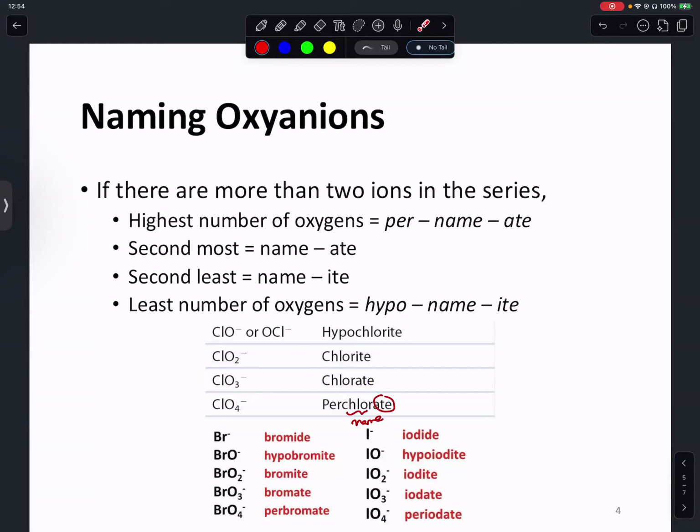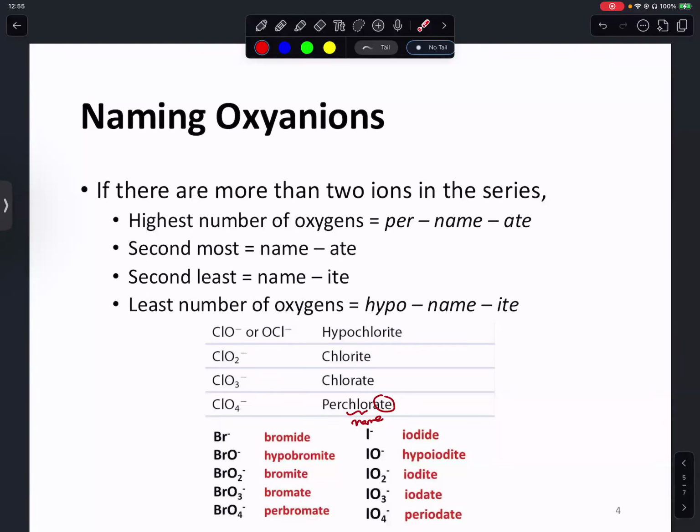Now, the one that follows in the series, mind you, we are reducing the number of oxygens. The second least number of oxygens will be the name followed by the suffix ite. So in this case, ClO2 minus becomes chlor for the name, and then ite.